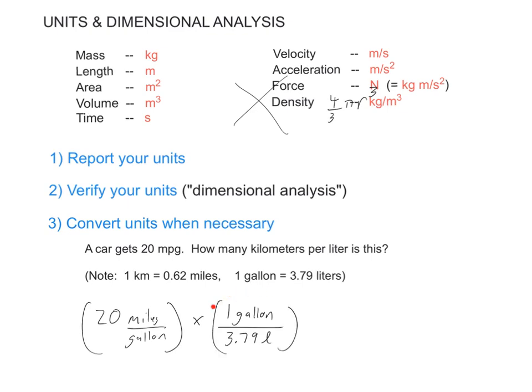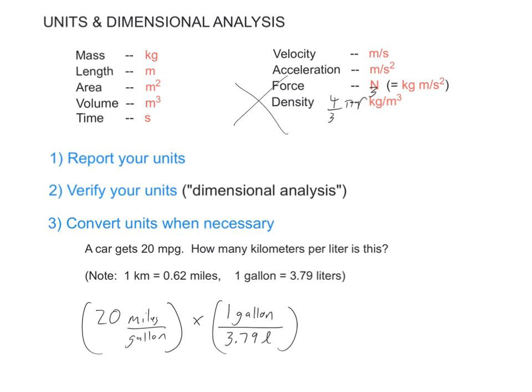So in other words, this expression here is effectively just equal to 1 because 1 gallon is the same as 3.79 liters. So I'm taking my original expression, 20 miles per gallon, and multiplying by 1. So that's allowed. It doesn't change the original expression.